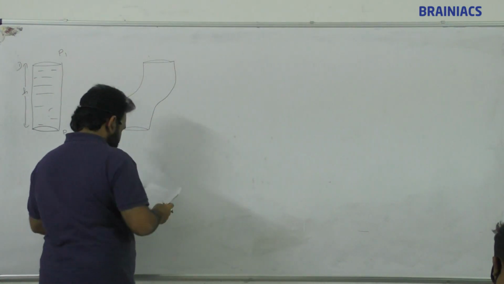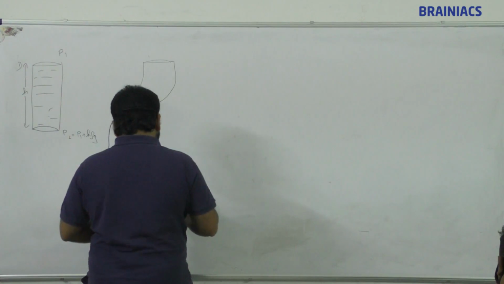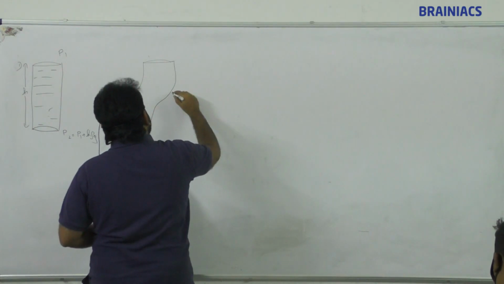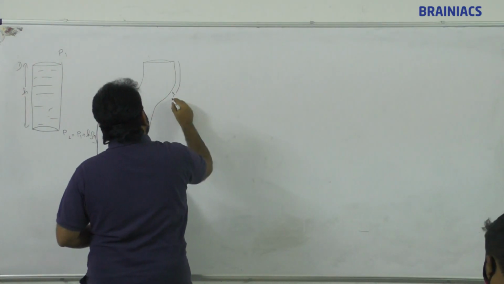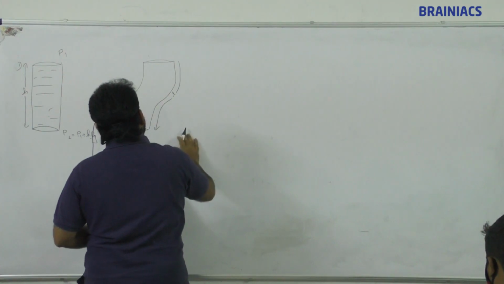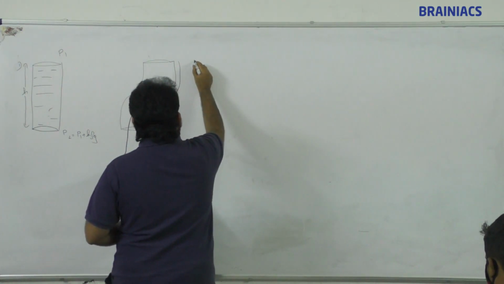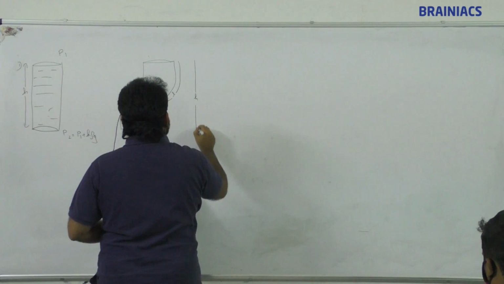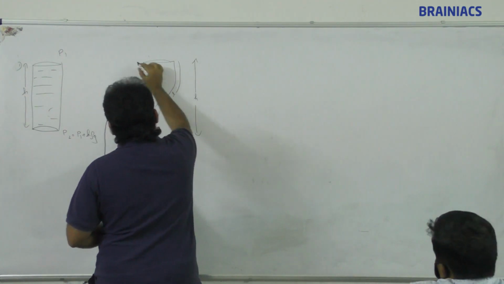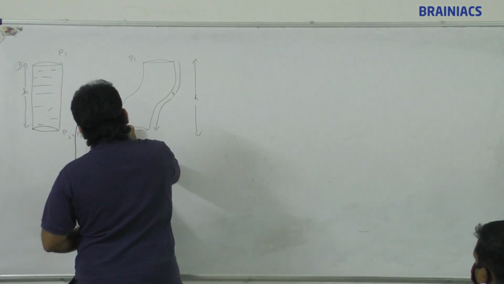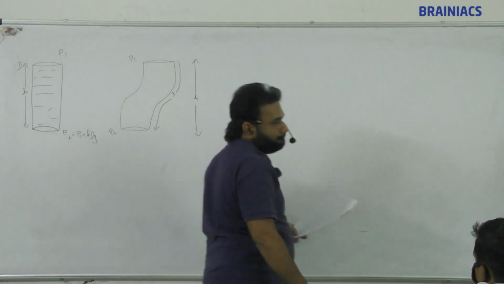Okay, suppose this is the length and this is the height. So if this is P1 and this is P2, what is P2?